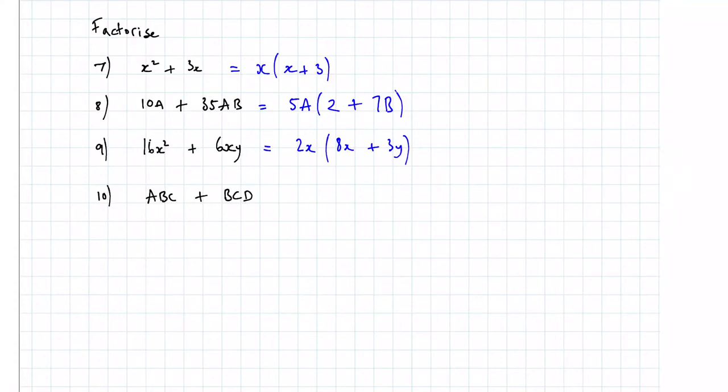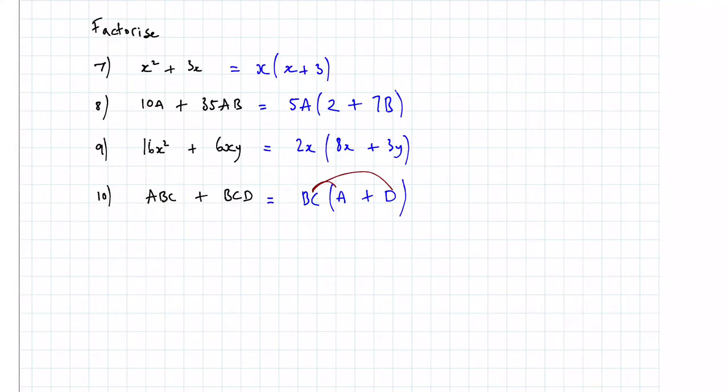And another opportunity for partial factorisation, dropping your marks here. Both b and c are in both terms in the question, leaving a plus d on the inside of that bracket. If you're not sure why it works, all you need to do is multiply this by that, abc, and multiply that by that, bcd, and you should see that you do end up back with the question.